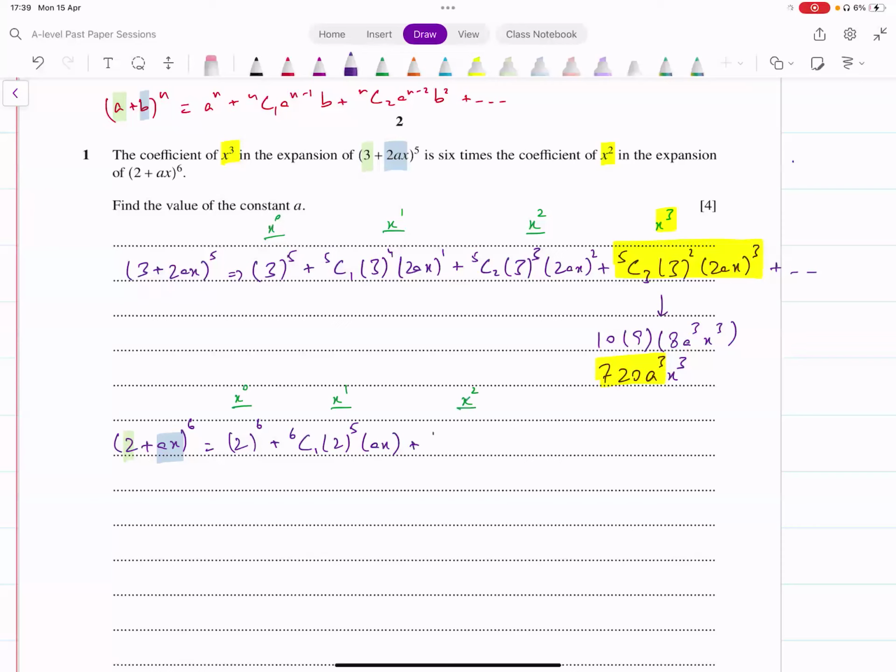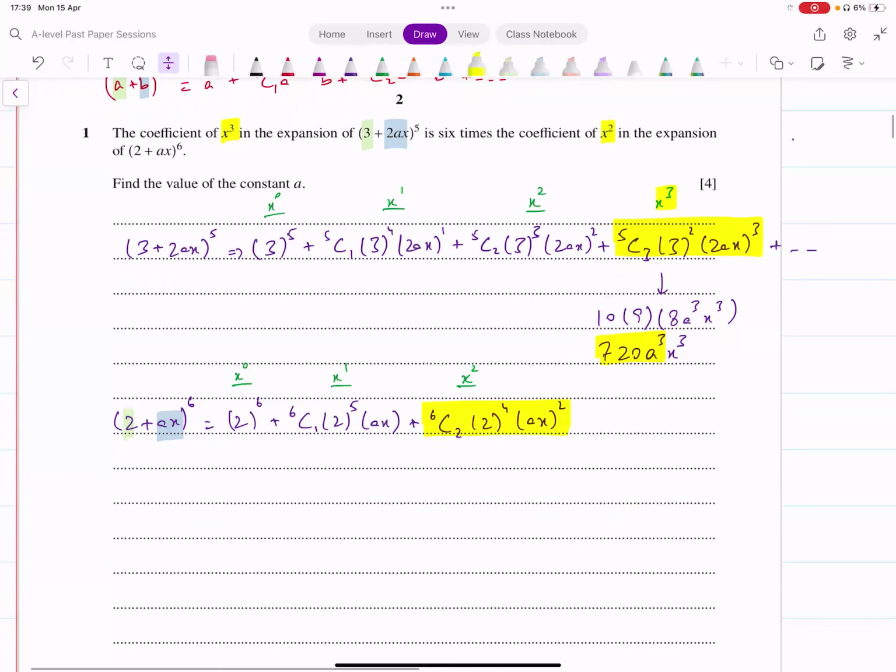Just expand one more term. That gives you 6c2 into 2 raised to power 4 into ax whole squared. This is the term that we were looking for, the term in x squared. Let's simplify this one now. What does 6c2 simplify to? I think that's 15.